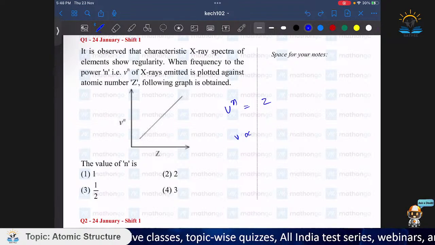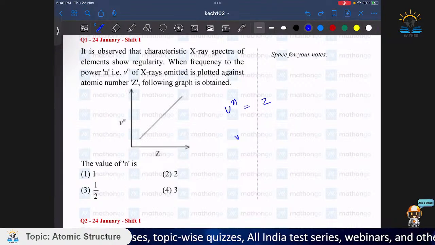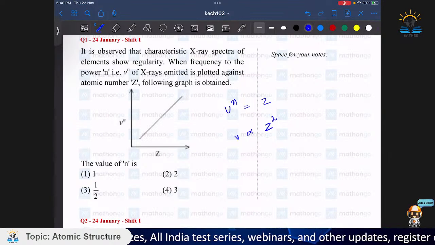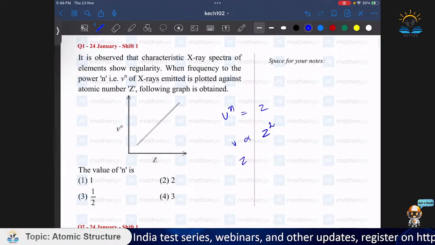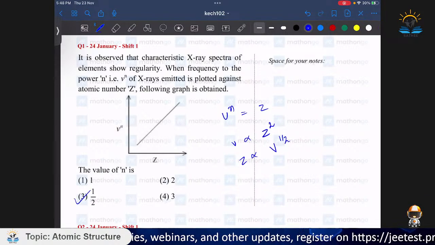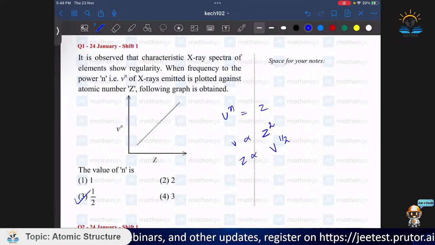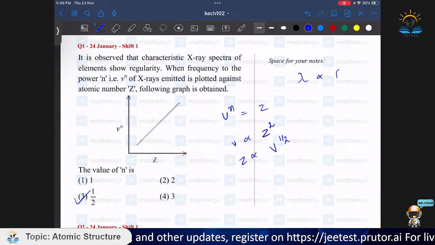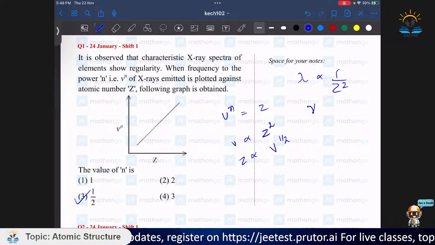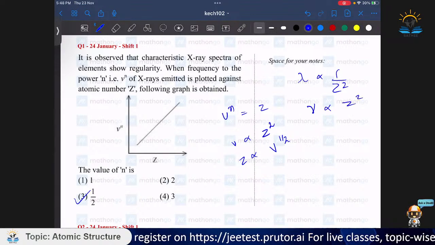I'm so sorry. Frequency is proportional to Z square. So Z will be proportional to frequency to the power 1 by 2. So we have the answer as 1 by 2, because wavelength is inversely proportional to Z square and frequency is directly proportional to Z square.